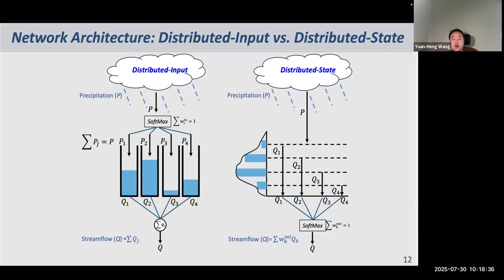This design of the distributed state network is nice because it guarantees mass conservation also holds at the network level, because the total output is a weighted combination of flow from each parallel node and the weights sum to 1, as mentioned. So this DS hypothesis can be interpreted as introducing a stochastic representation of the system.